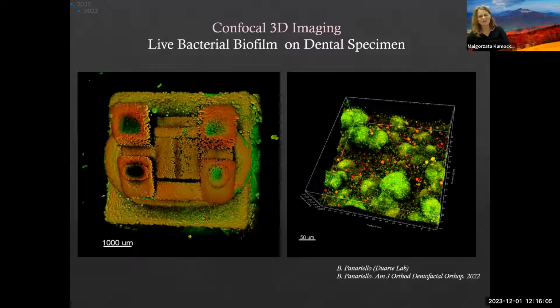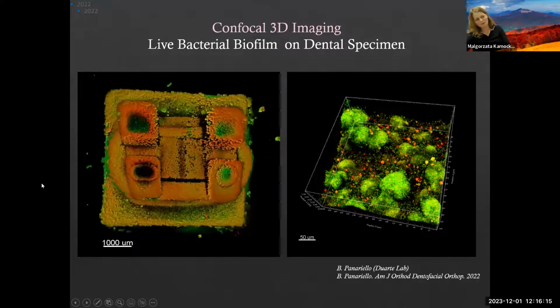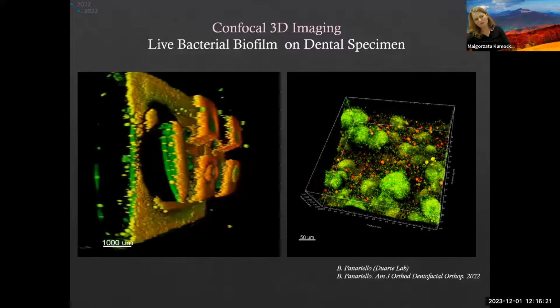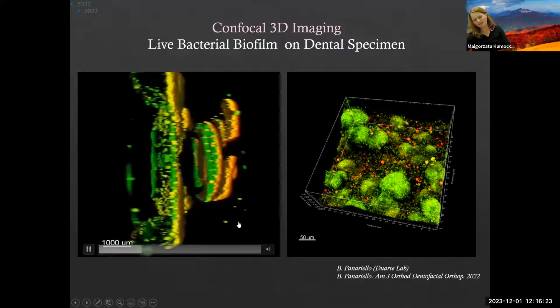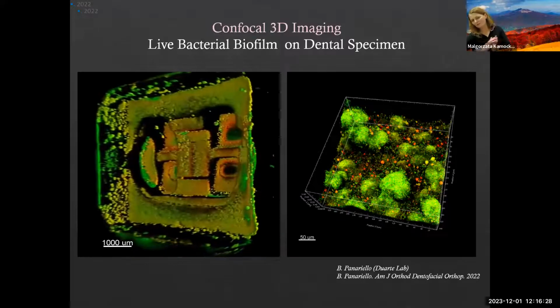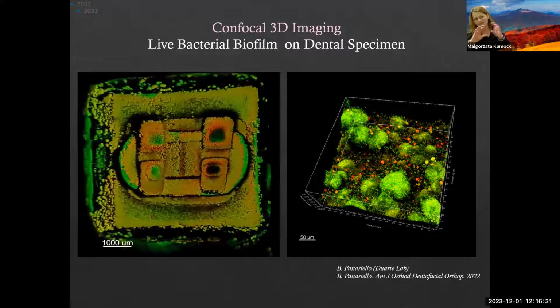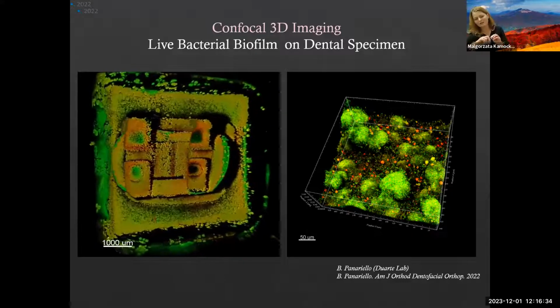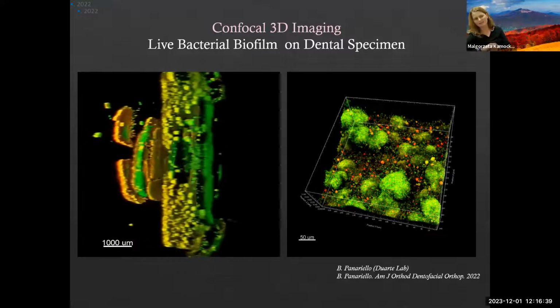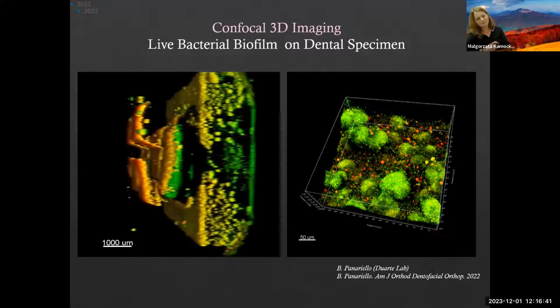And here I wanted to show you a very interesting 3D image, which I collected of a sample, which is a bovine enamel sample on which was mounted the orthodontic bracket. This is a low magnification imaging, but it gives us enough information to see where the bracket is and how the structure looks around. So on these brackets, on this specimen, they grew a bacterial biofilm, and they evaluated different types of treatment.